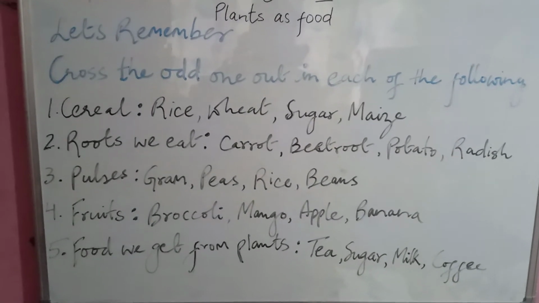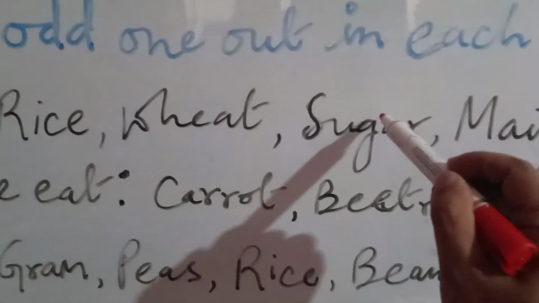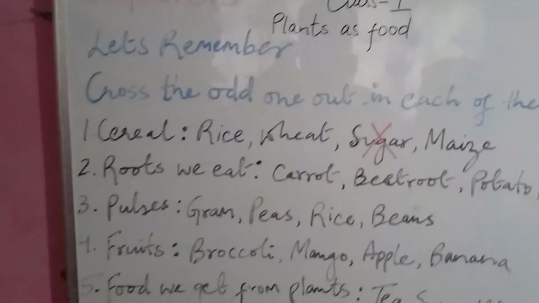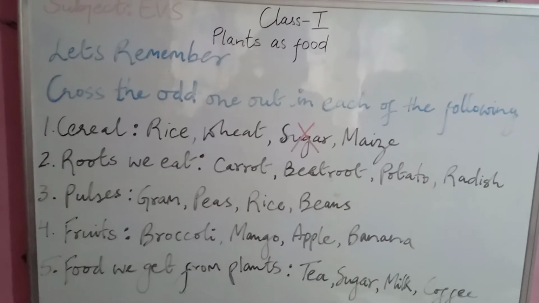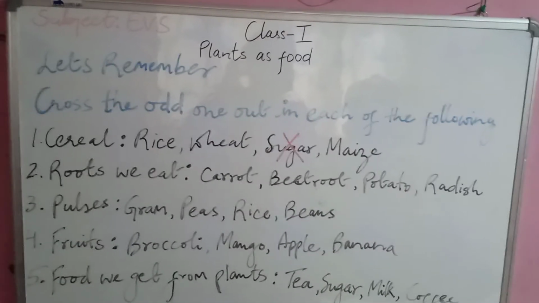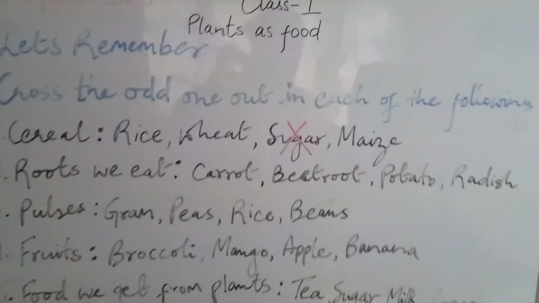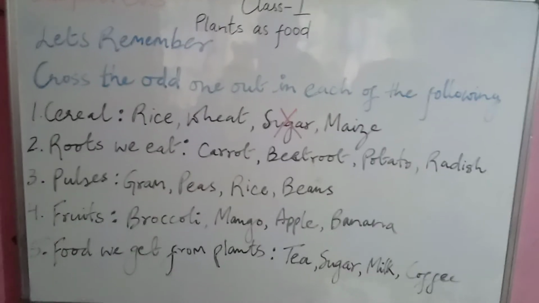We have to cross the odd one. Sugar is not a cereal. Sugar, tea and coffee come under the things that we eat, which we get from plants.